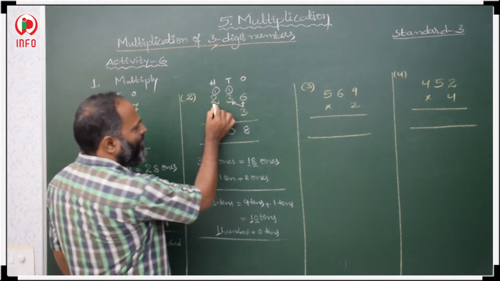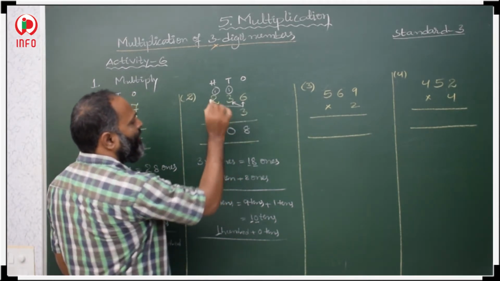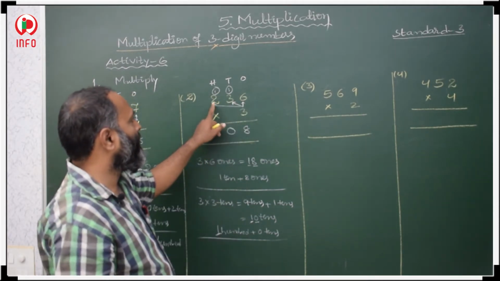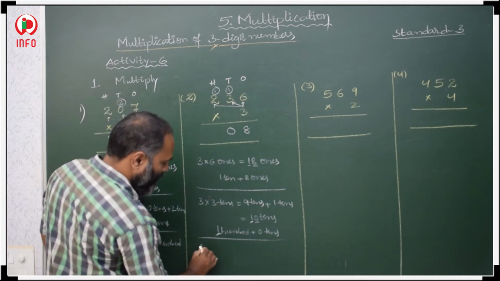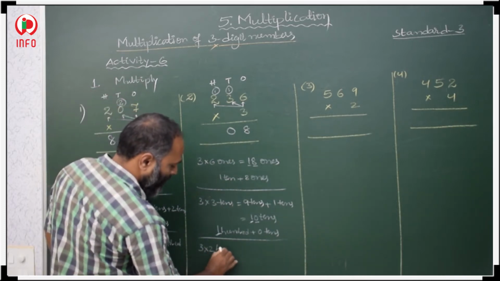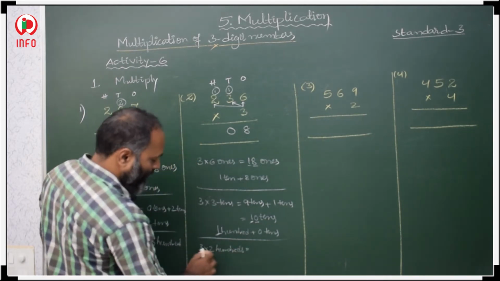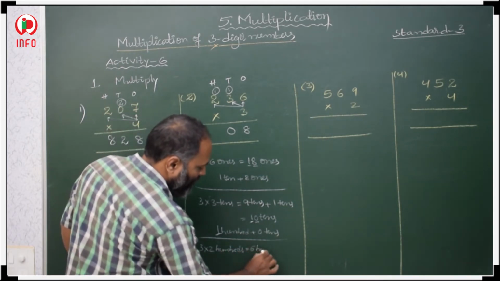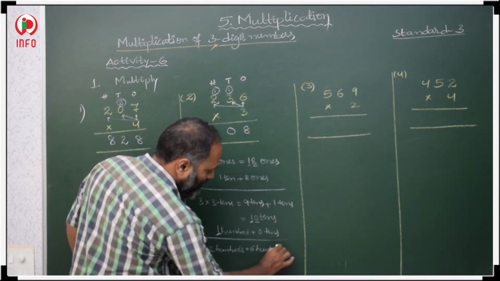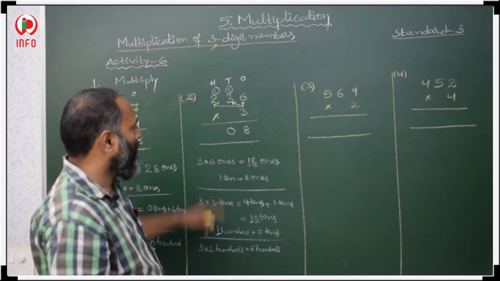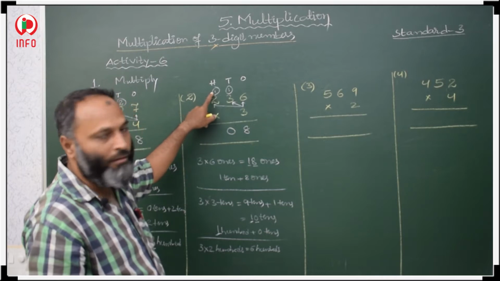Now 3 with hundreds. 3 we have to multiply with 200. 3 twos are 600. And what is carry over here? 1.